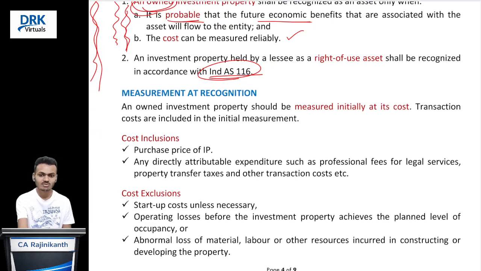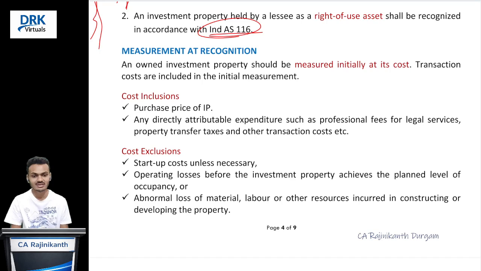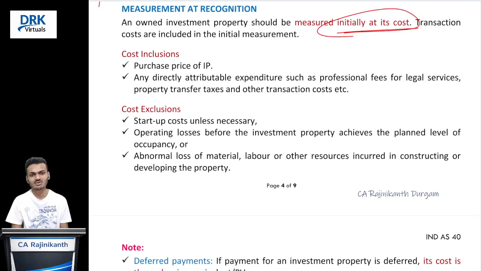So at what amount can that investment property be recognized? The standard is saying that initially recognize at cost. And the same story, how to determine the cost? Determination of cost depends upon the mode of acquisition. Suppose we are acquiring the investment property, simply capitalize the purchase price of the investment property and any directly attributable cost in order to get that investment property to our intended location and condition.